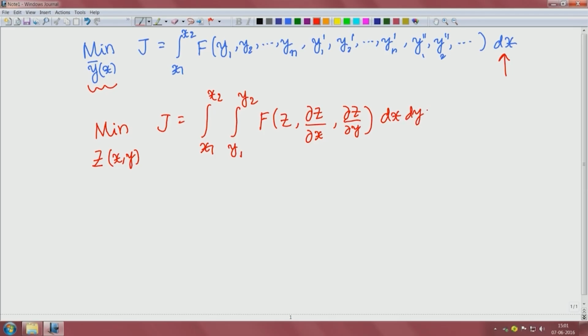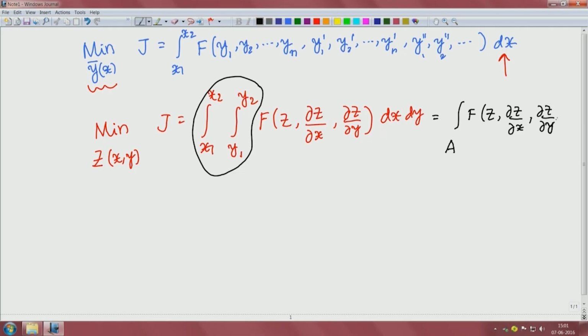Our domain in that case was just a straight line region with one variable. Now it is a 2 dimensional domain. So, this particular thing I can also write as an integral over some area A, of my integrand f of z, dou z by dou x, dou z by dou y, dA.